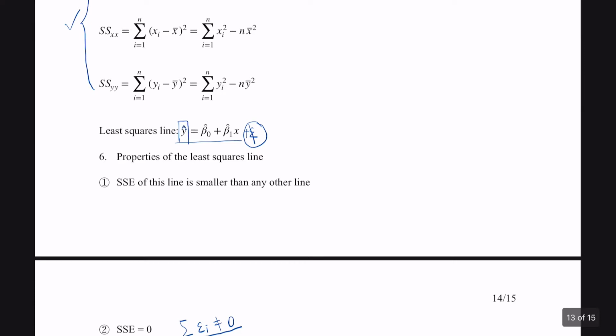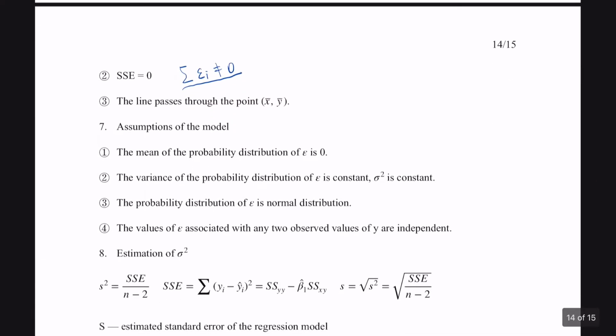But on the other hand, it is very irrational to say the mean of some random error is 10 or 1. So therefore, it's reasonable for us to make this assumption. The mean is 0. The second assumption is that the variance of epsilon is constant. The third assumption is we assume epsilon follows a normal distribution.